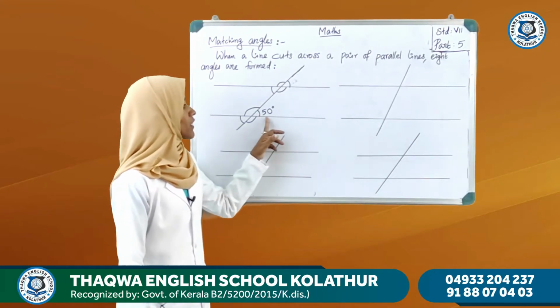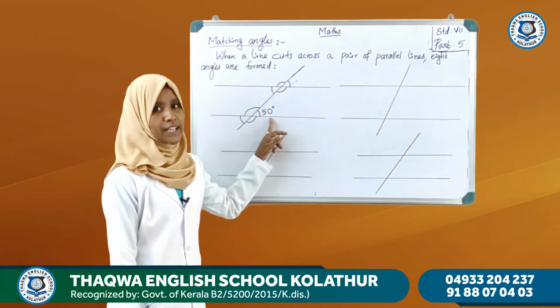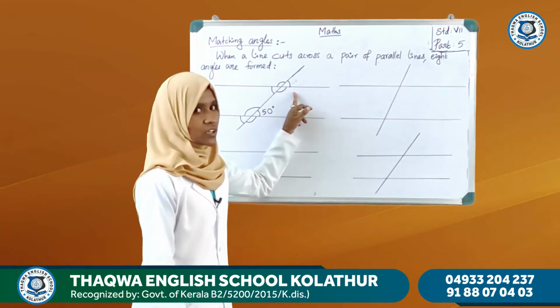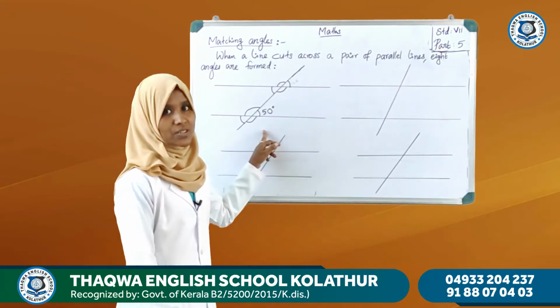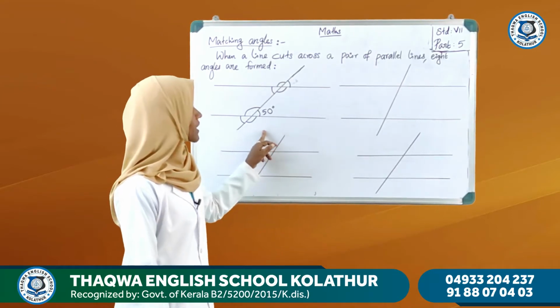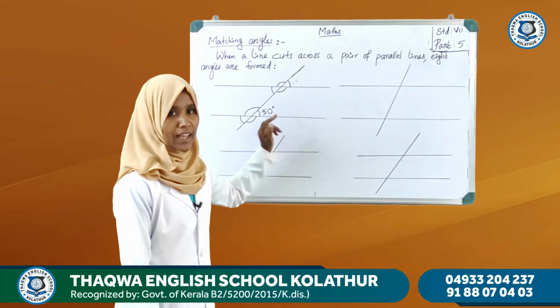Now you are given one angle, 50 degrees. What is the result we discussed? Parallel lines make equal angles with any other line.